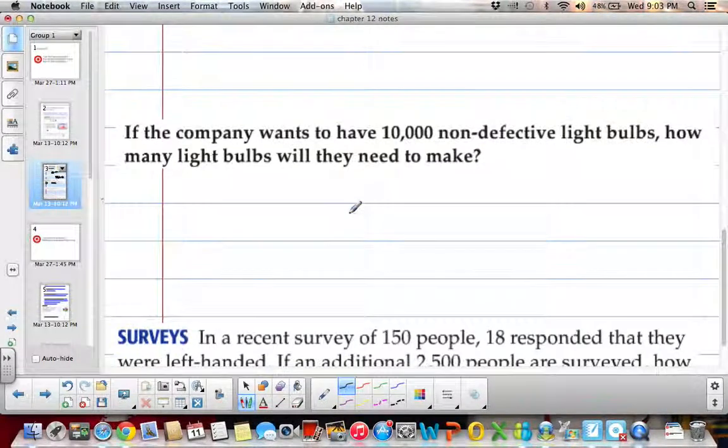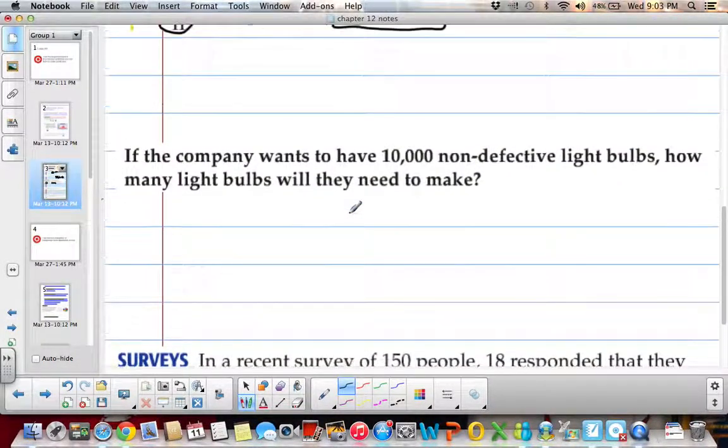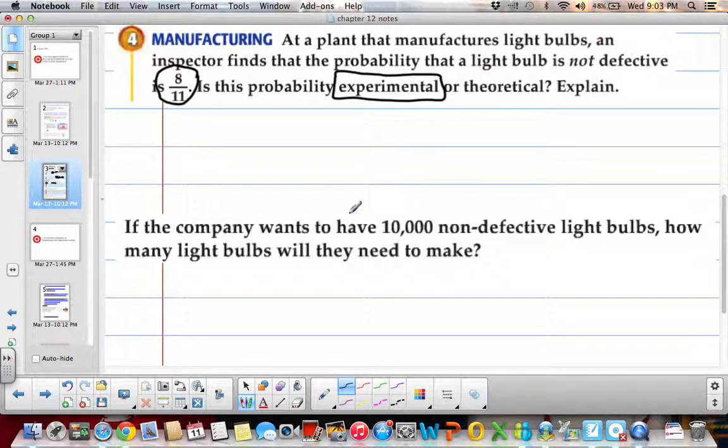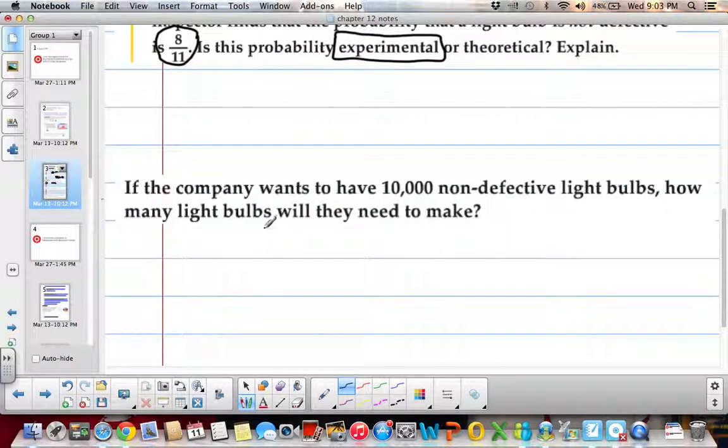If the company wants to have 10,000 non-defective light bulbs, how many light bulbs will they need to make? Well, 8 out of 11 are non-defective, so we can set this up as a proportion. If we think way back to proportions, we set them up so we have the same units on the top and on the bottom.